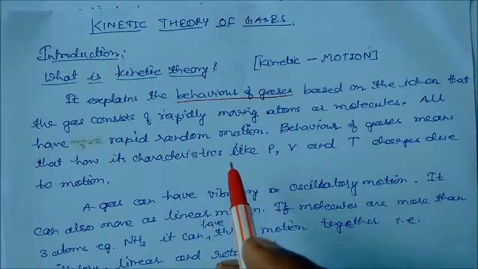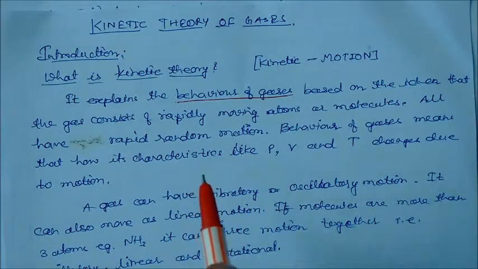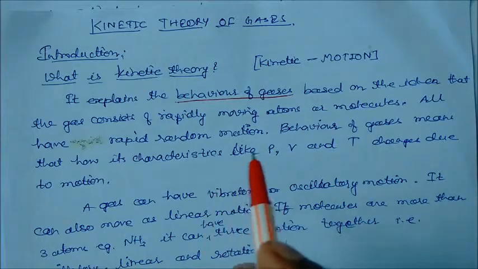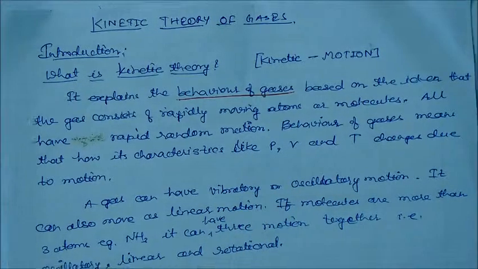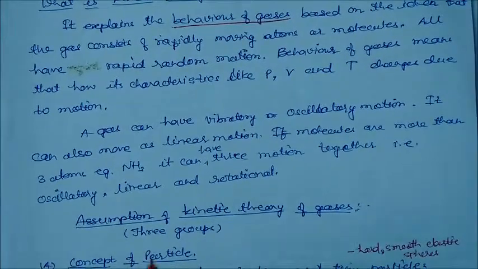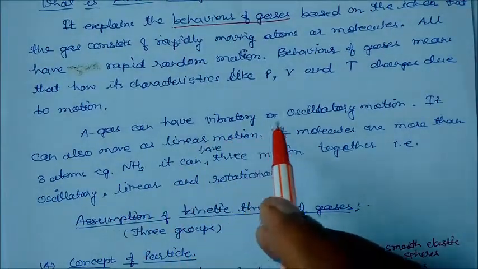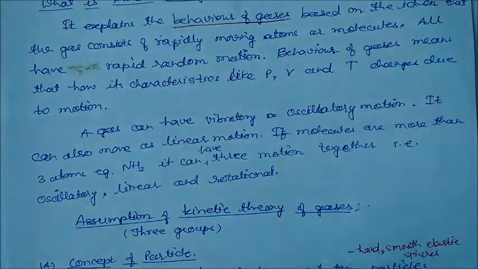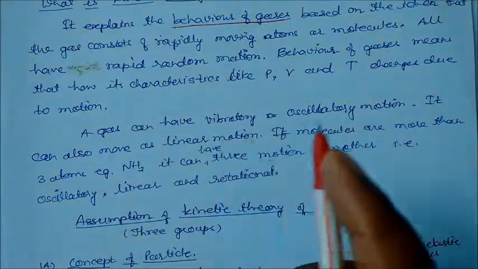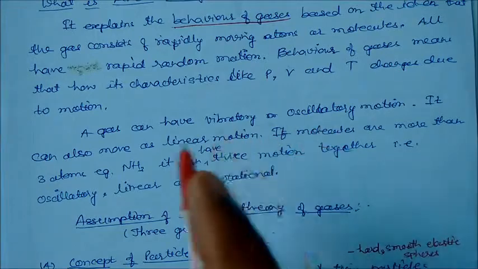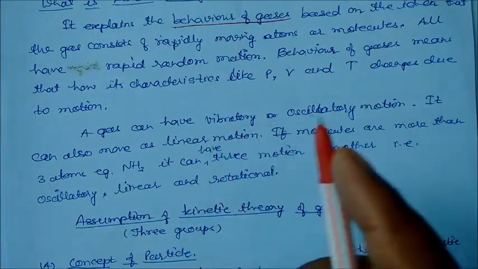These particles have some volume also, and they have some vibrations. Vibrations means a gas can have vibratory or oscillatory motion. Suppose this is a particle of the gas, it can vibrate like this. So this is vibration, or you can say oscillatory motion.